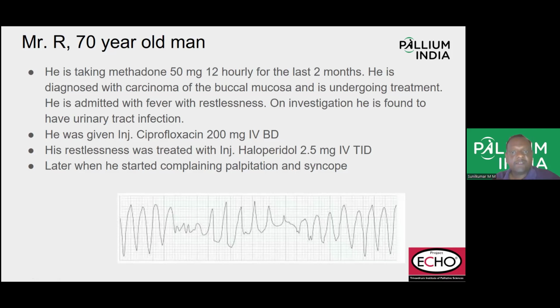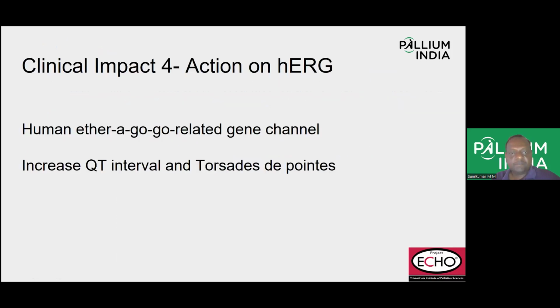So Torsades de pointes, which we have described earlier. Why methadone, or how methadone produces Torsades de pointes. So methadone acts on the human ether-a-go-go related gene channel.